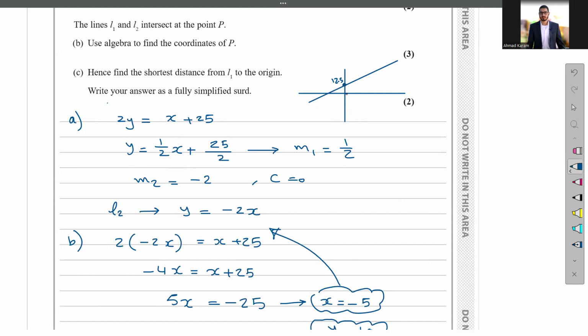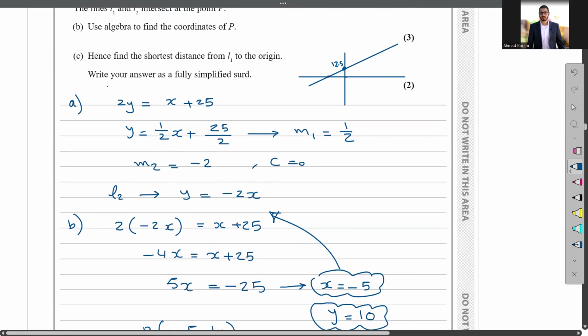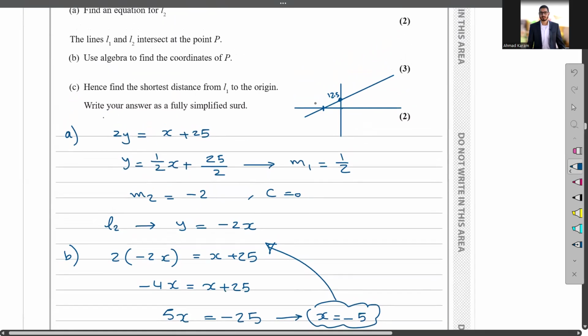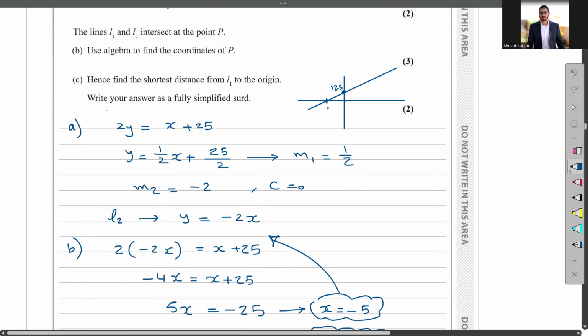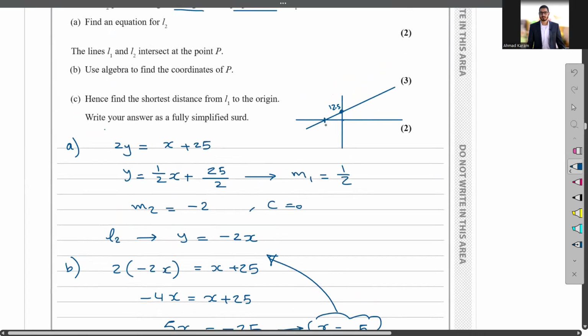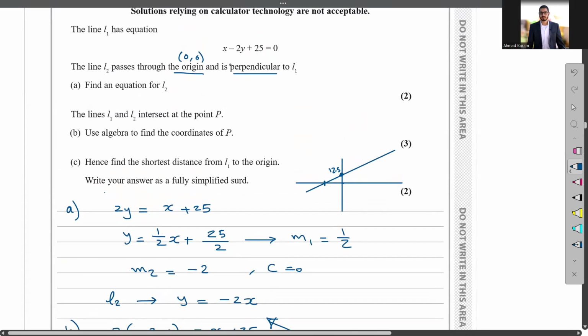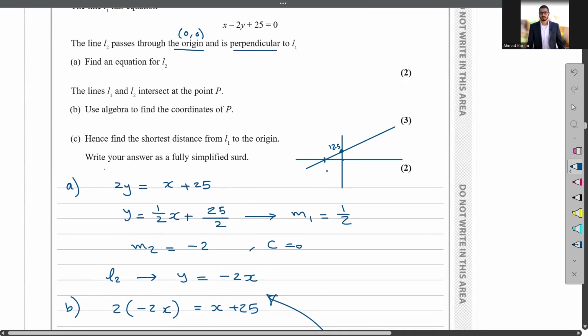This is the y-intercept. And here is the origin. Okay. So we need to get this point. This point is when y equals 0. So when y equals 0, x equals negative 25. This is for L1.